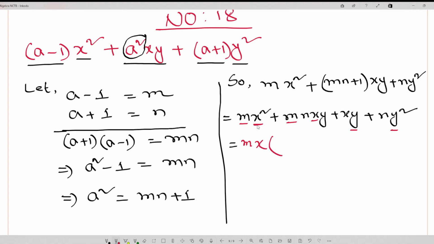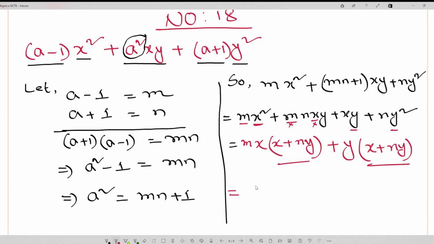So here is x² we can write x plus, this m out, this x out, so here is ny, plus here the common thing is y, so here is x + ny. Look, this one and this one now we can take common, so (x + ny) and here is (mx + y), right?